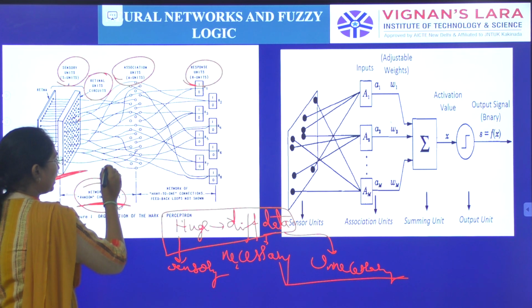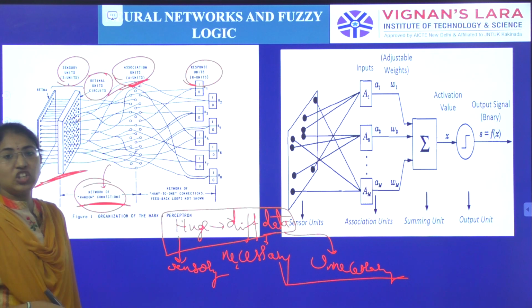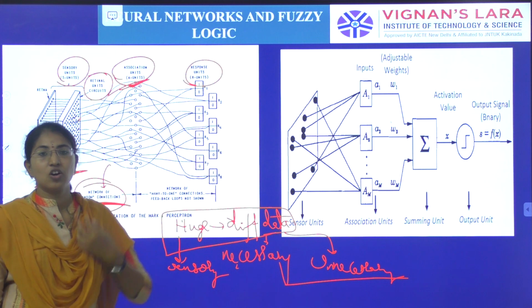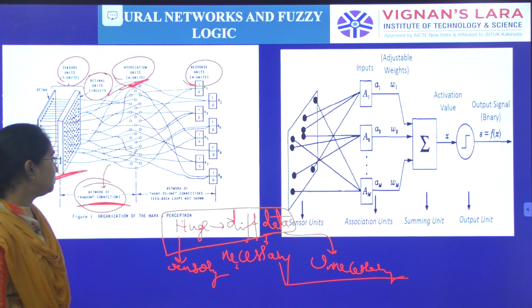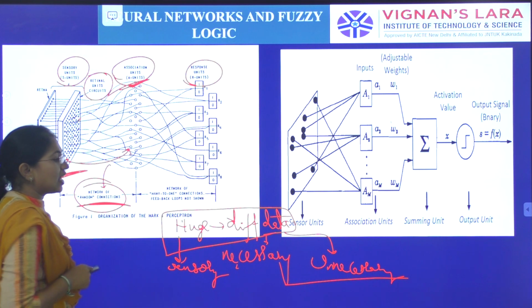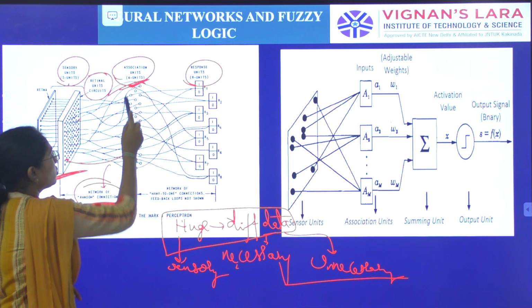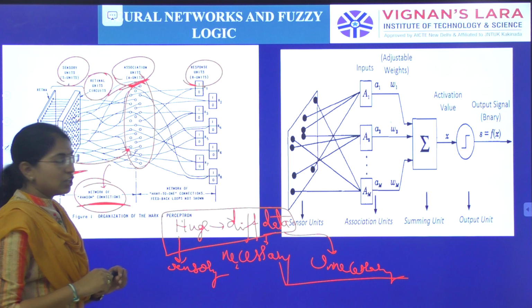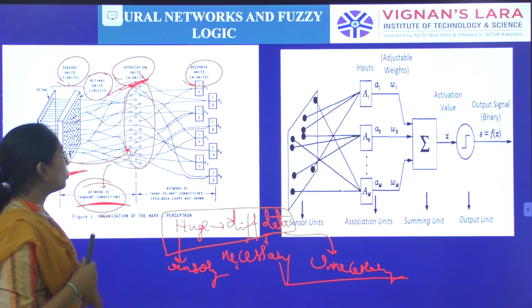That information is fed to association units, or we can call them association blocks. The necessary or useful information is fed to association units through these random connections.